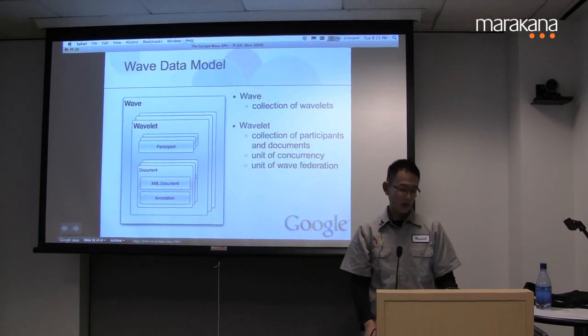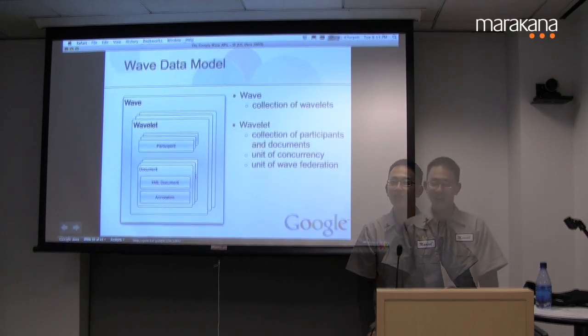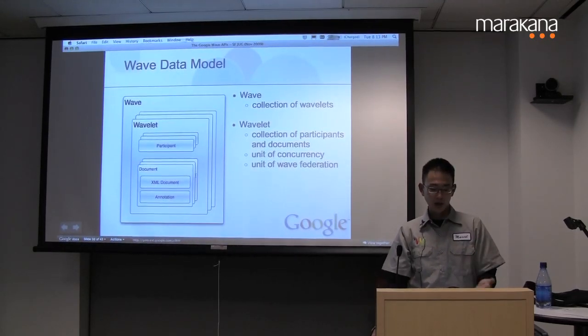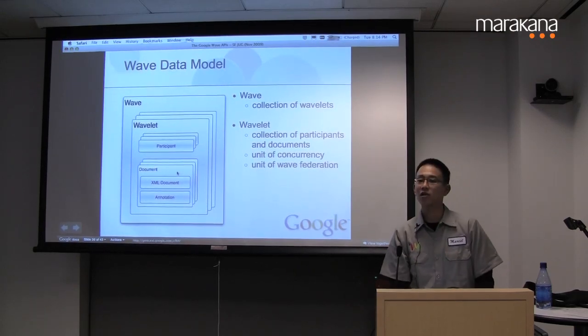Okay. So the question was, what's the relationship between wave, wavelet, and blips? Let me just repeat this part briefly. A wave is a collection of wavelets, and wavelets can contain blips, which you can think of as the document.